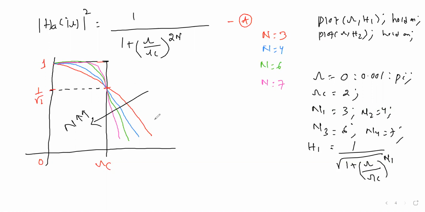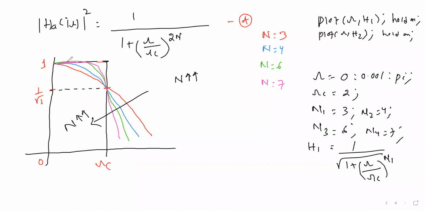See what you observe from this. Can someone explain what you observe? If you see very carefully, when the n value is increasing, this practical filter is approaching the ideal filter, yes or not? Agree? See the plots.